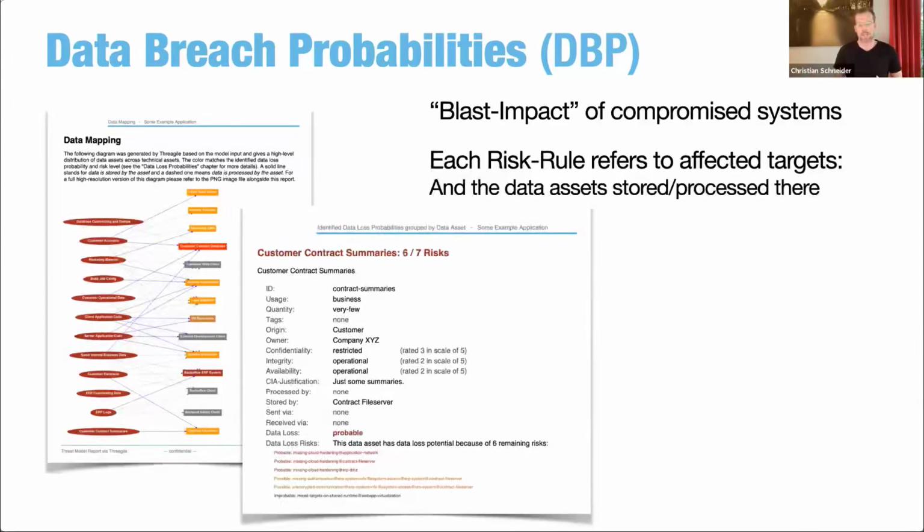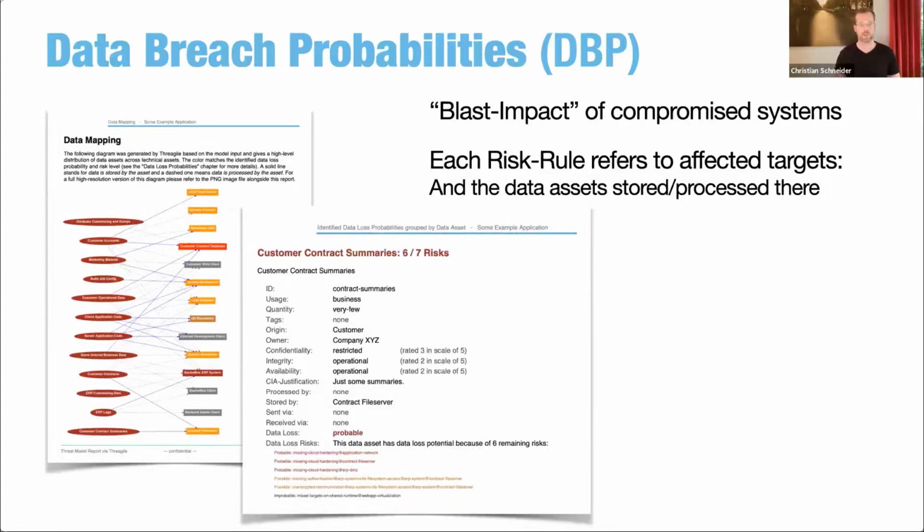That's a value that takes into account where those data assets are stored or processed, on what components, and what the associated risks of that component are due to the threat model rules. And if such a component has a high risk of being attackable in one way, and this is not mitigated, then basically the risk of having a data breach with that data asset being part of it is also elevated.